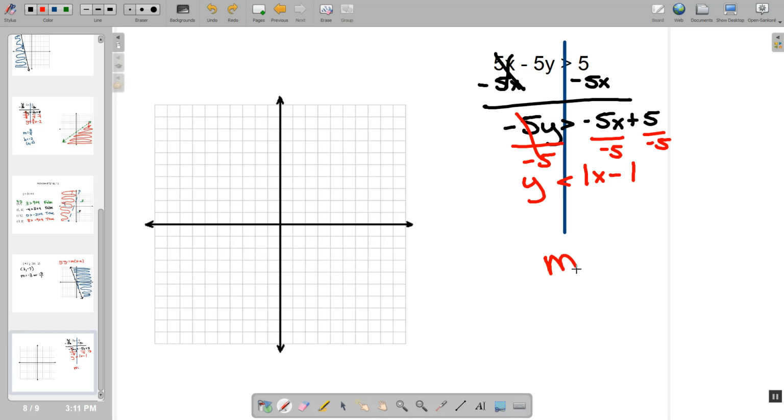From here, my m is positive 1, or 1 over 1. And my b value is negative 1, or the ordered pair 0, comma, negative 1. Then I can graph as many points as I possibly can. And from here, I try to make a line.